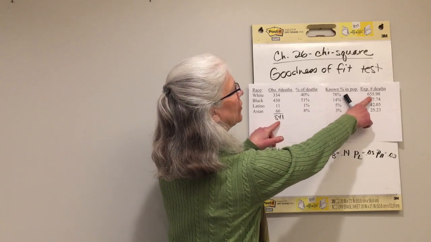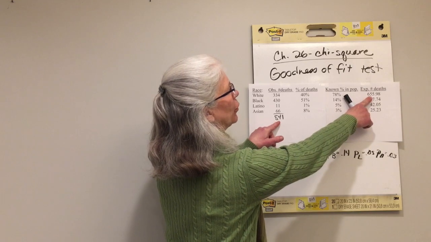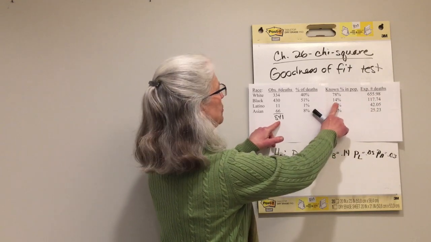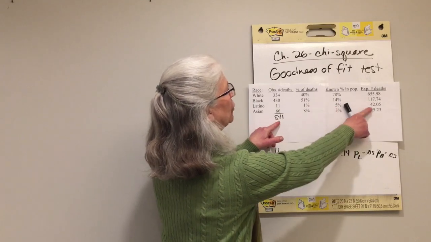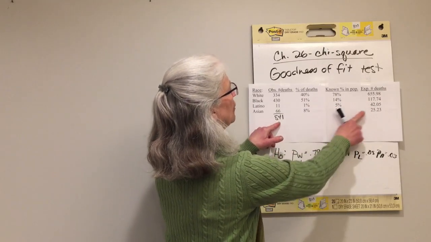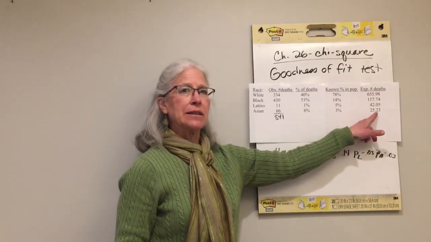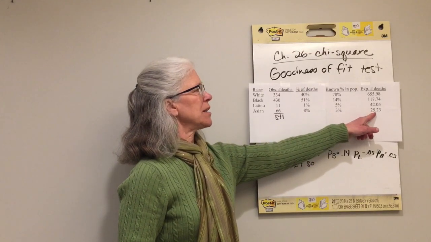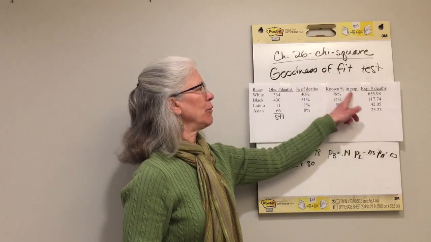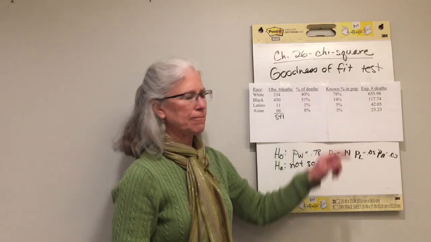We would have expected to see about 656 white deaths among 841 people. 14% of 841 is 118 people. 5% of 841 is about 42. 3% of 841 is about 25. So here's the number of deaths we would have expected out of the 841 to go with each race if deaths reflected the percent in the population, if there was goodness of fit.